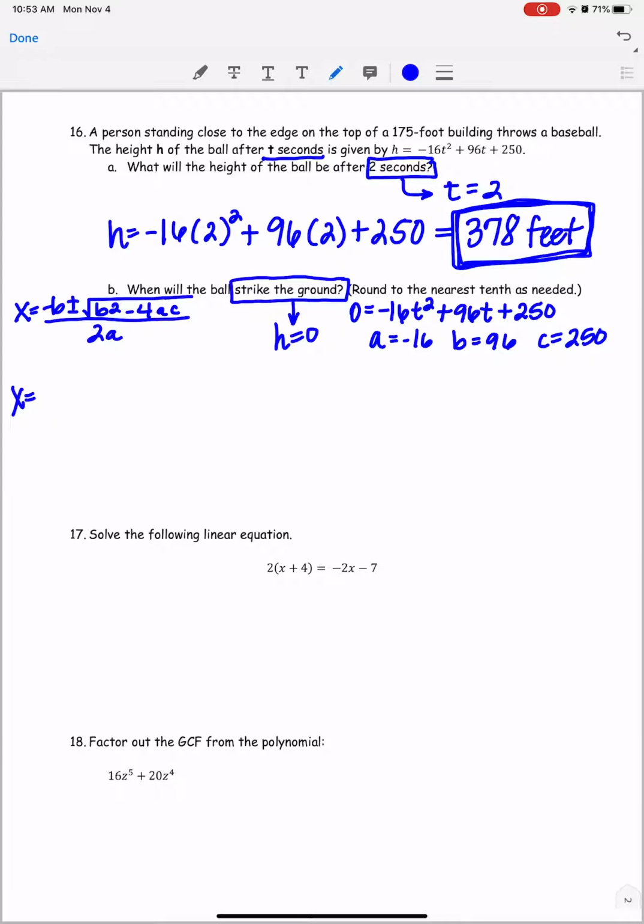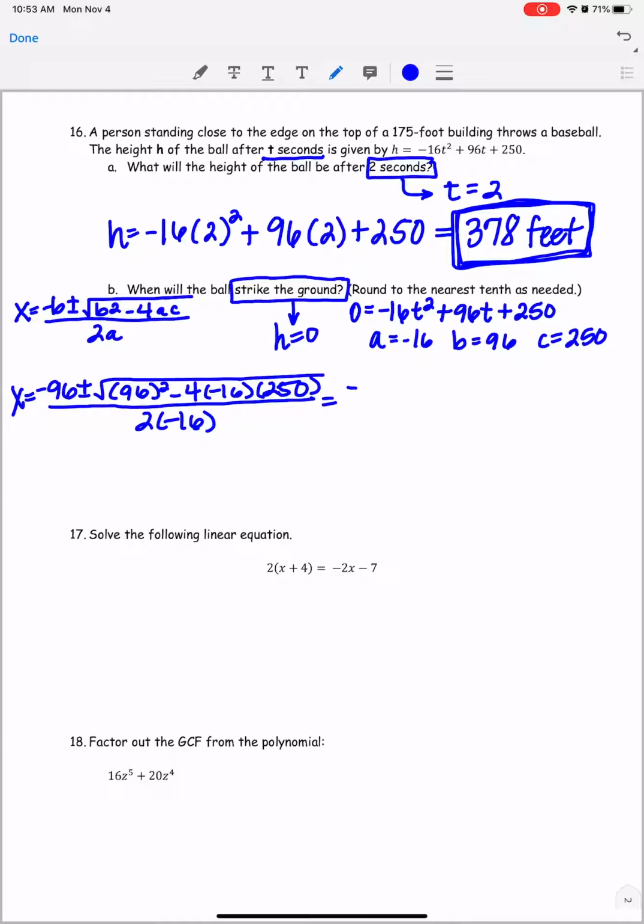So I've got negative b, my b is 96, so negative 96 plus or minus the square root of b squared minus 4 times a times c all over 2a.